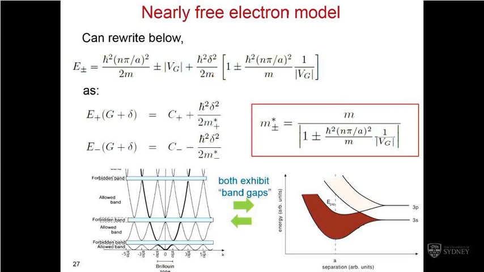As we'll see later on, the effective mass is not the real mass of the electron, but it has the units of mass, and it's severely distorted due to the periodicity and the potential of the crystal. Later on we will see that the effective mass is inversely proportional to the curvature of your band structure. Okay, so I'm getting a bit ahead of myself. That's all I'll say about that for now.